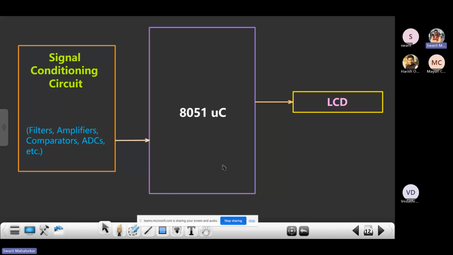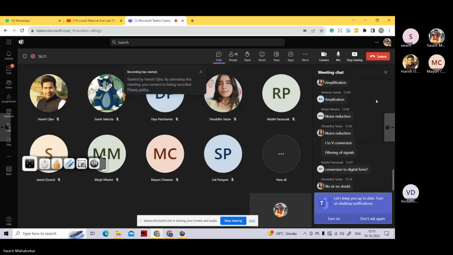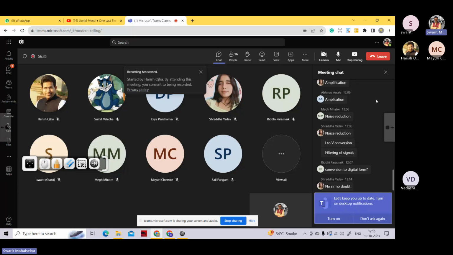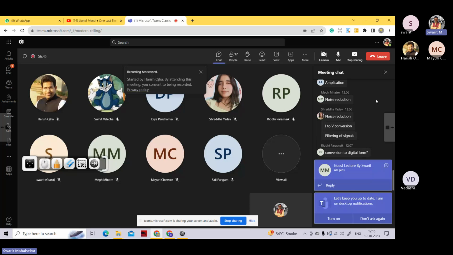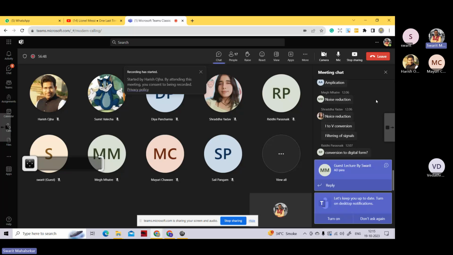Can anyone tell me which port should we use as the input port? Any idea? Any random guess? Any idea that will help me explain this particular concept? Which port should I use? AD pins? No, I'm asking about ports, not the pins. I'm specifically asking about the port.